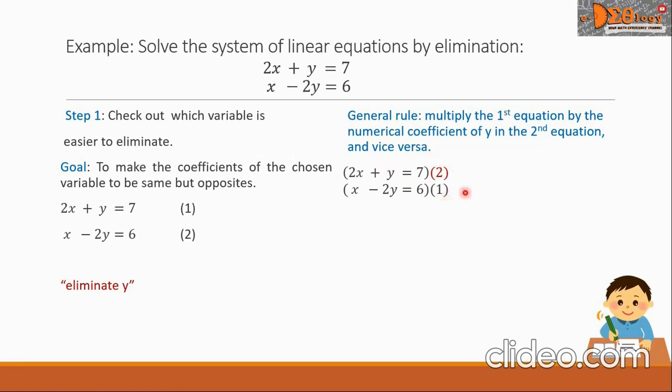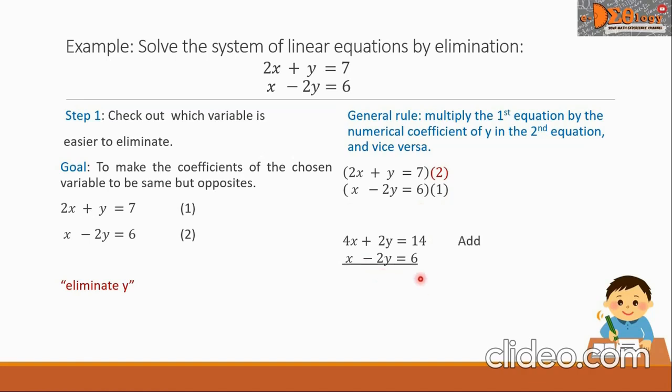Simplifying the equations, we have 2 times 2x will be 4x, and 2 times y is 2y, equals 2 times 7 is 14. While the second equation, if we multiply by 1, will just be the same. That is x minus 2y equals 6.